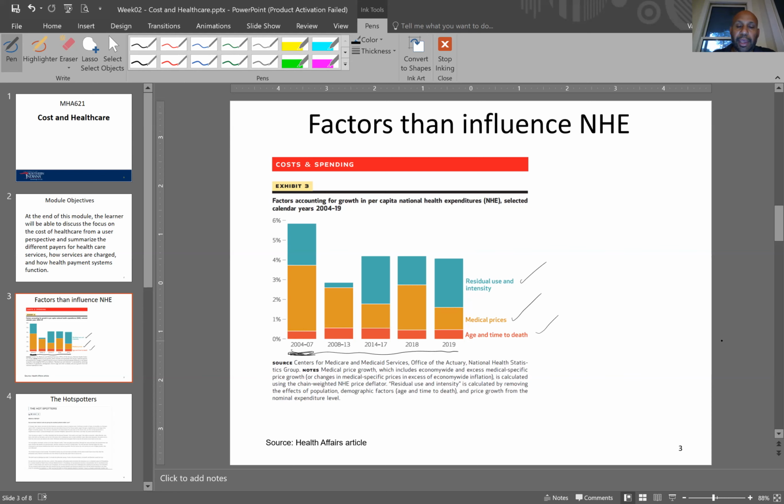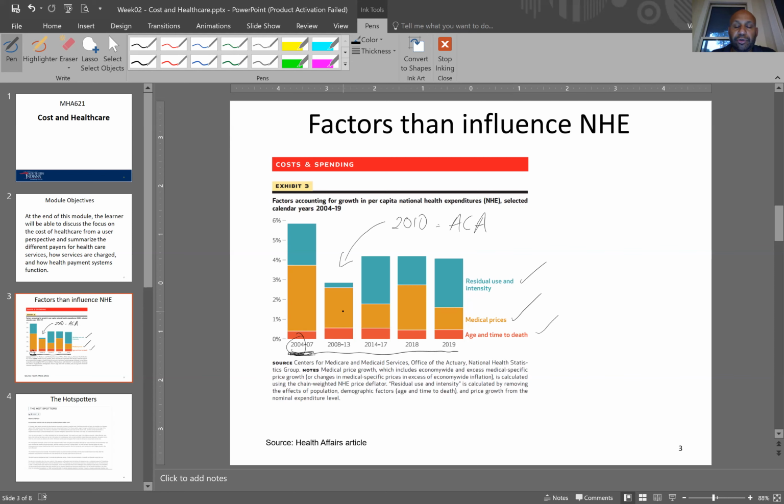As we look at medical prices, you can see from 2004 how much it's fluctuated. Part of that is that in 2010, the Affordable Care Act was enacted, and it has been enacted over time since then up until today.